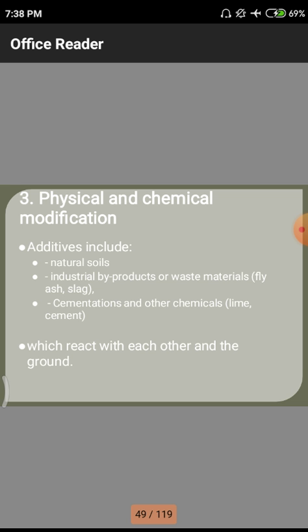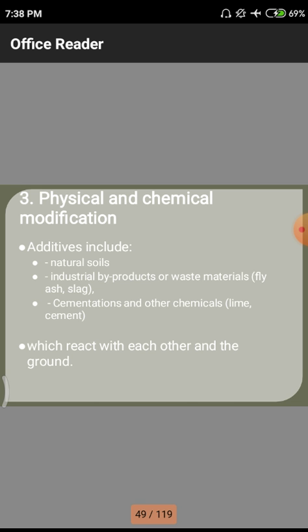Cement is majorly used as a binding material in the construction industry. That means it is used to bind. Bind means to stick two particles. Normally in concrete we have coarse aggregate and fine aggregate. There is no bond between these two aggregates.